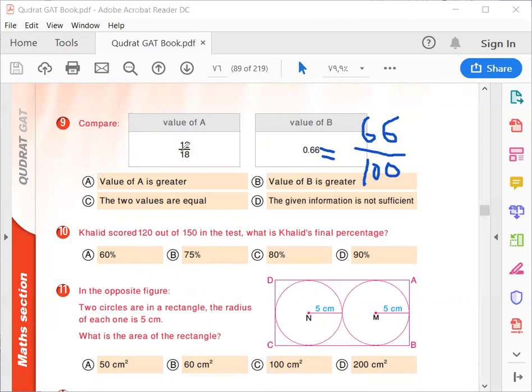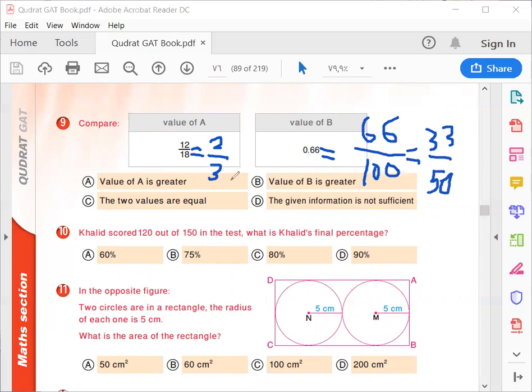12 over 18, you can simplify it here. You can by 6, what is it? It is 2 over 3, right? Here, if you simplify also 66 over 100 divided by 2 equals 33 over 50, right?